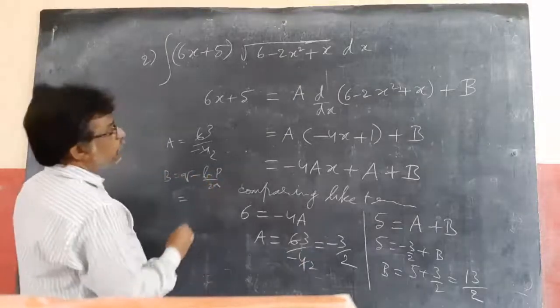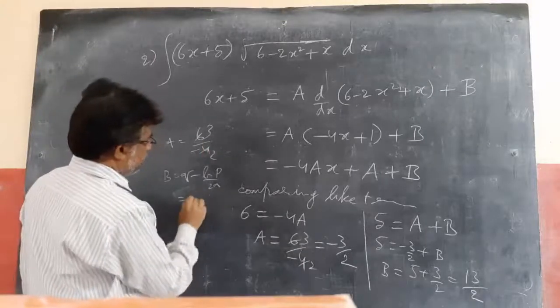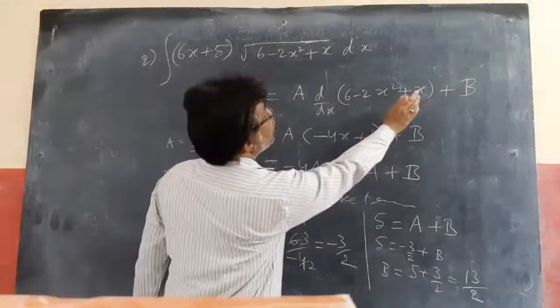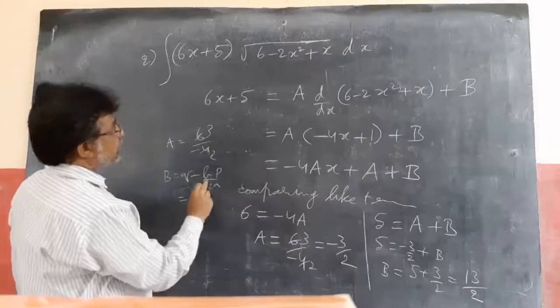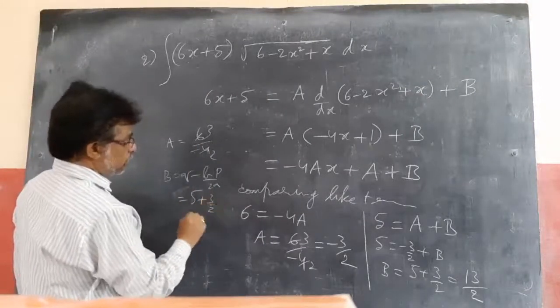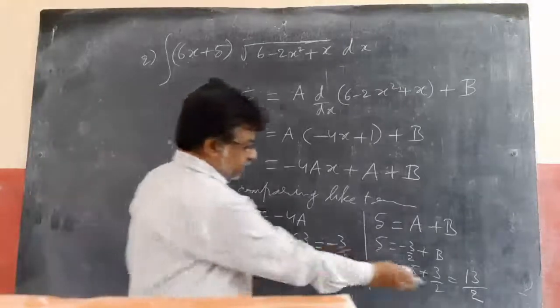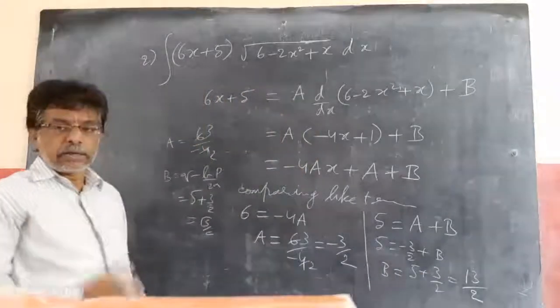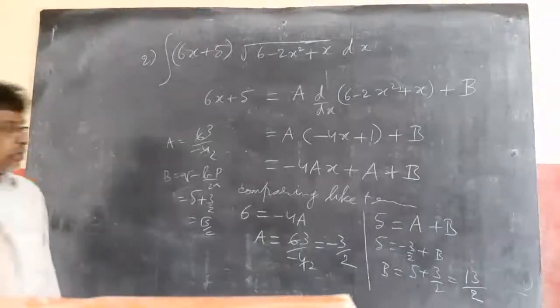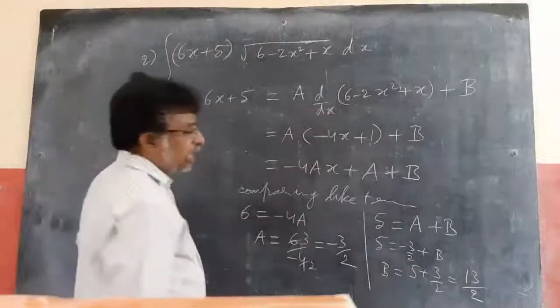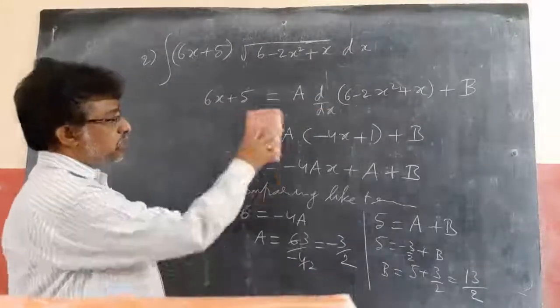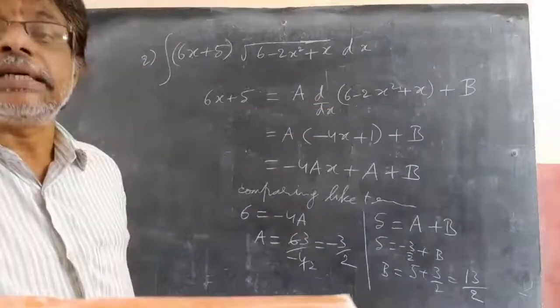So q is 5 minus b, where b is 1, 1 into minus 3 by 2, plus 3 by 2, becomes 13 by 2. So b is 13 by 2 directly. You can do it using the shortcut directly, but apply it only for objective, not for IPE. For IPE do this whole method. And now substitute these two values, you will get the required equation.